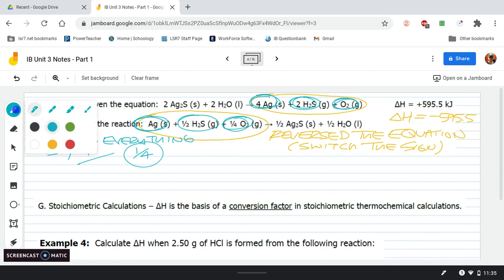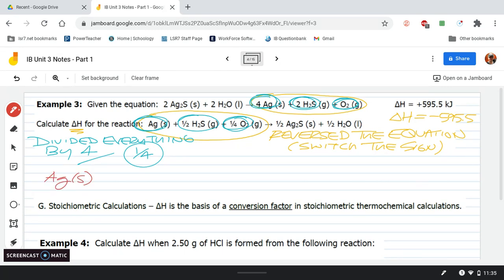Let's go ahead and write it out. This is what we would have. We'd have Ag as a solid, and then this H2S as a gas, and my 1/4 oxygen.